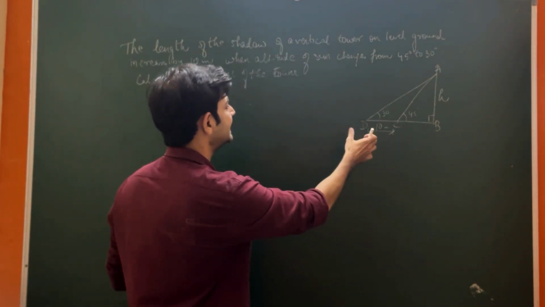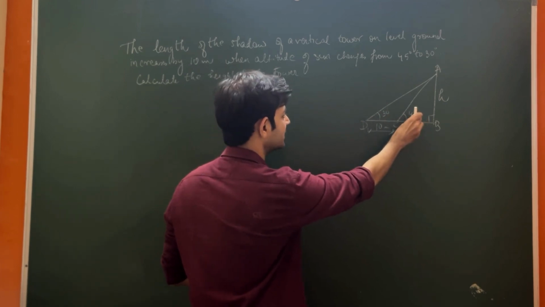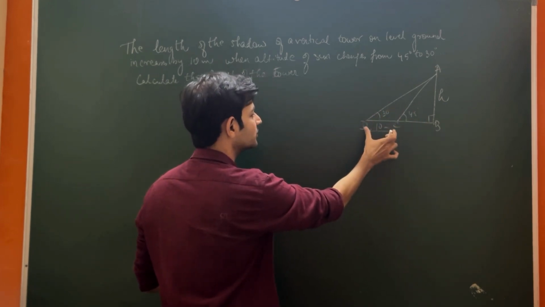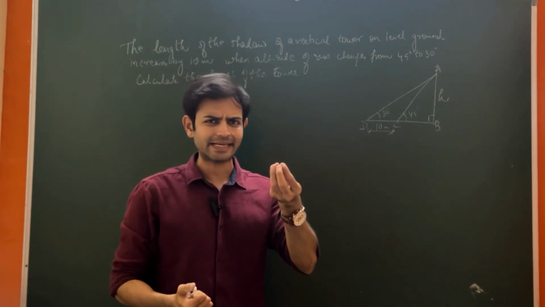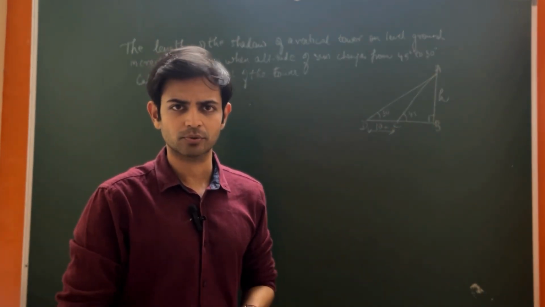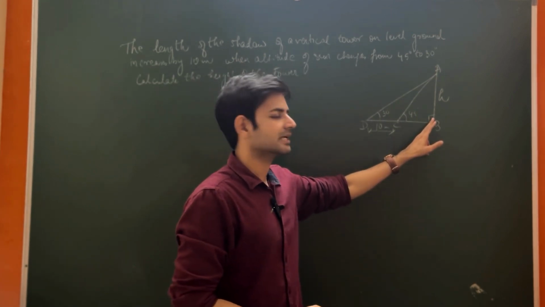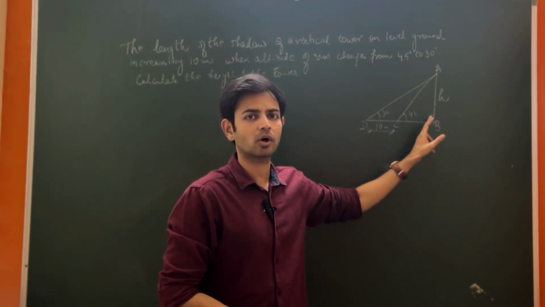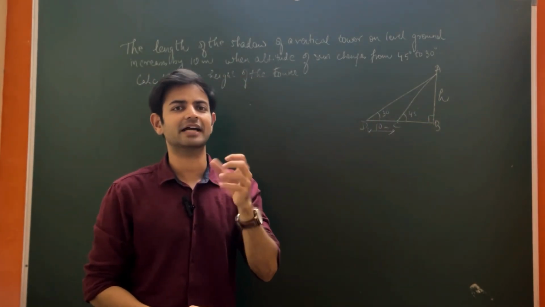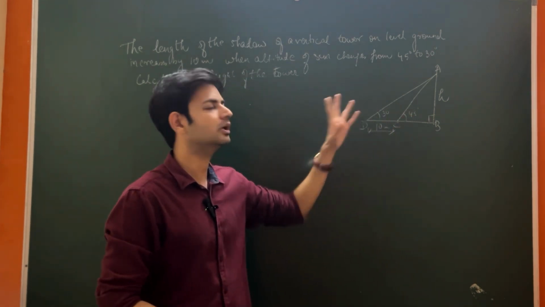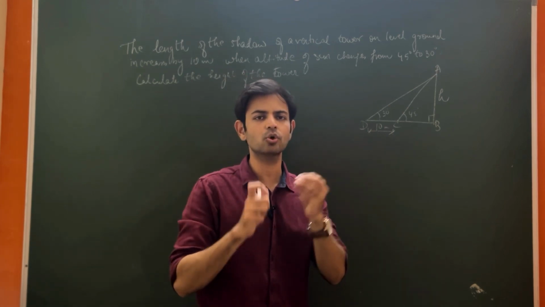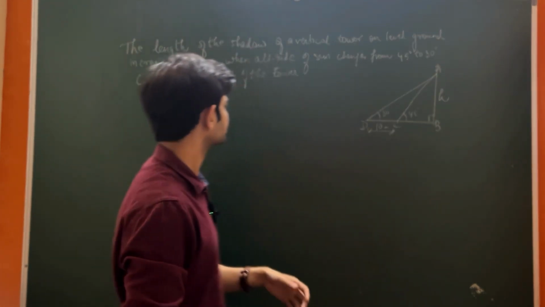So here the angle changes from 45 to 30 degrees, and the length of the shadow changes by 10 meters. A quick trick to understand where to put 30 and where to put 45: the closer angle to 90 is what? In between 30 and 45, 45 is closer to 90, so this will be 45 degrees and this will be 30 degrees. It's just a trick to identify the angle.